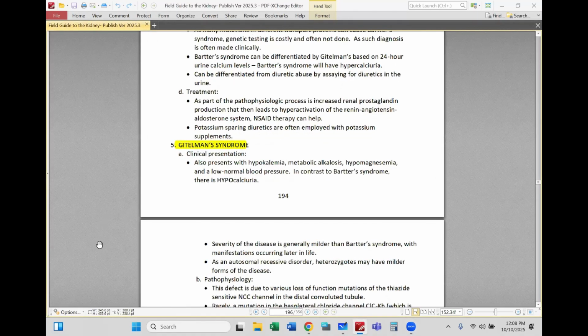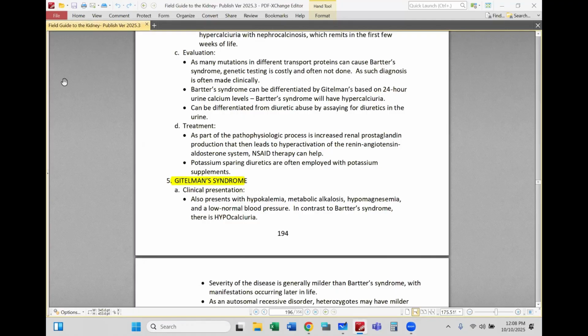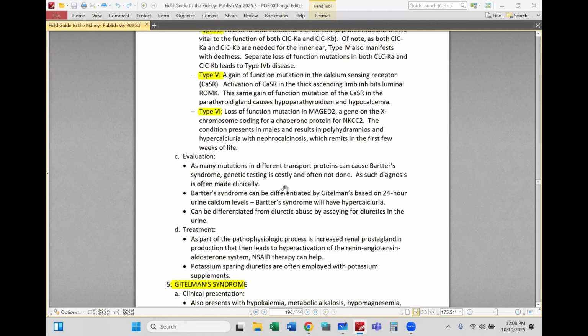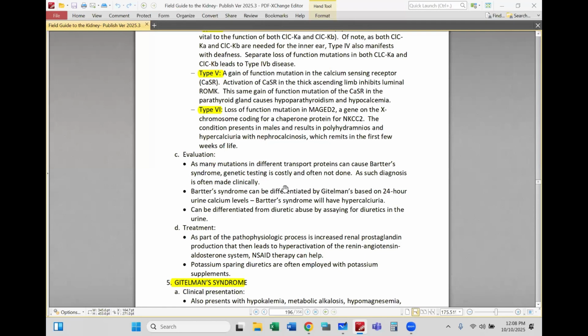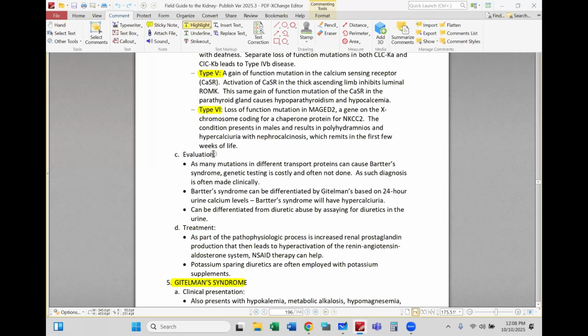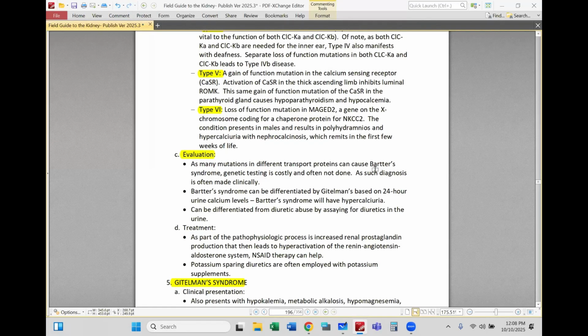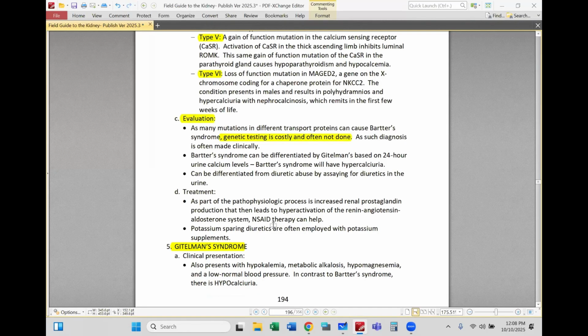renal K losses. Okay. I'll point you to two out-of-date statements that are now updated in the most up-to-date version of the field guide. There is a statement here that I need you to correct in your version, if you have the older version, that genetic testing is not something that is relied upon for making Barter's and Gittleman's diagnoses.